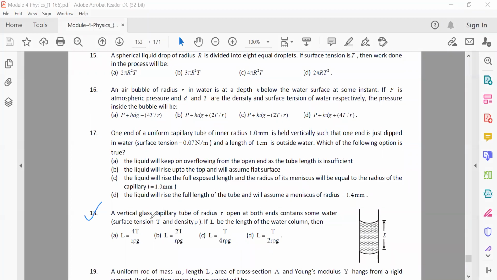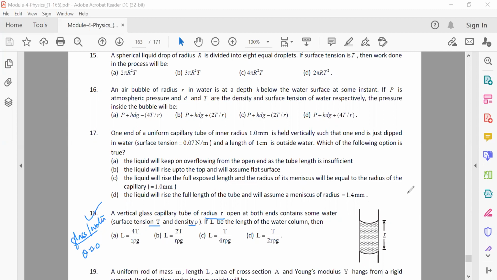So a glass capillary tube of radius r, water's surface tension T. Now here we'll have to use the standard value of contact angle for glass and water. This should be given in the question actually, but the standard value of contact angle is tending to 0.